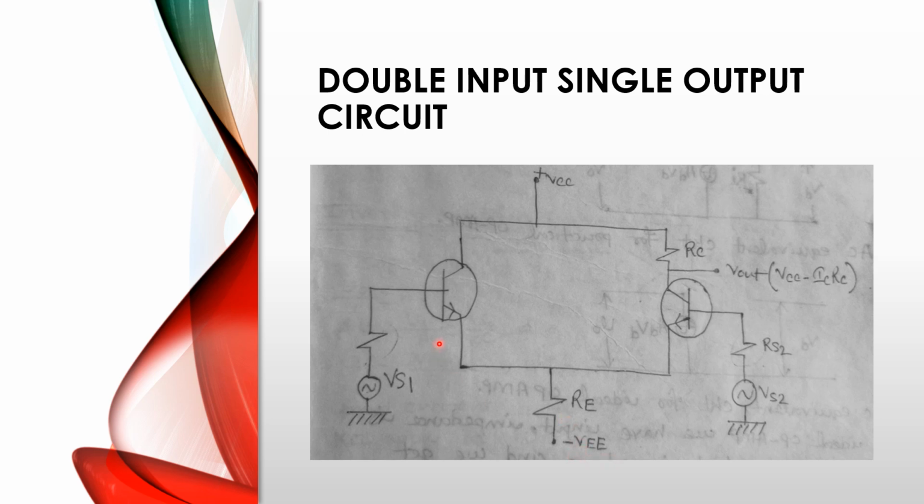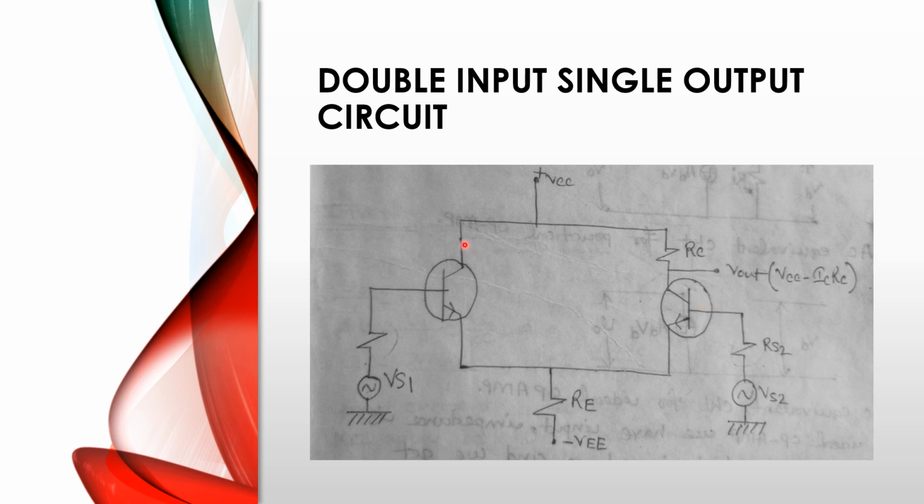Here we applied one resistor in the base terminal of Q1 and one signal voltage in the base terminal of Q1. Next, here we also have one base voltage that is Vs2 and one base resistor that is Rs2 in the Q2.